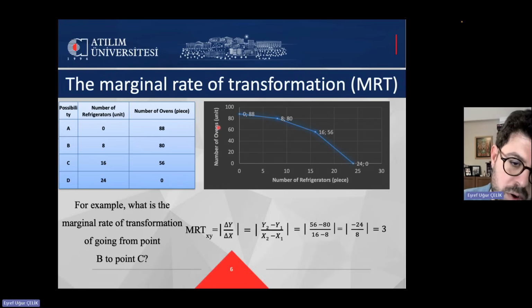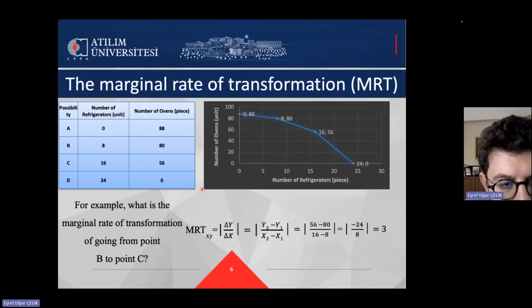In that question, ovens are located in vertical line and refrigerators located in horizontal line. So the MRT, marginal rate of transformation formula, is the absolute form of delta y divided by delta x. Delta y shows the change in vertical line, so change in ovens, divided by change in horizontal line, so change in refrigerators.